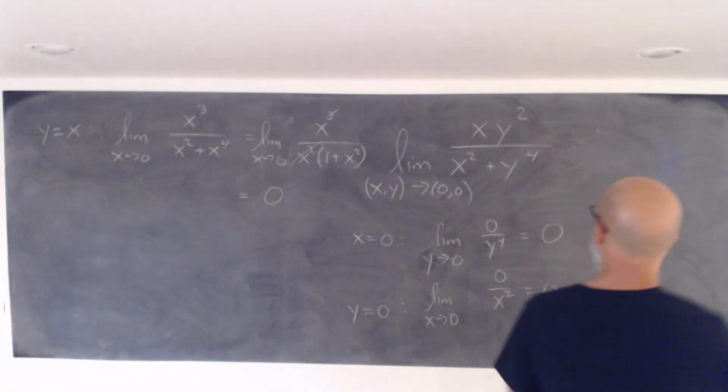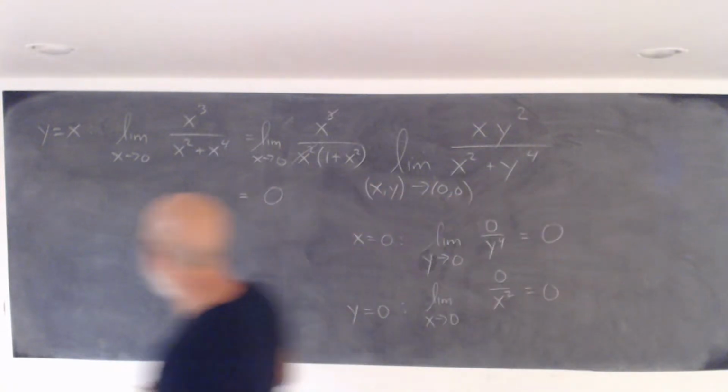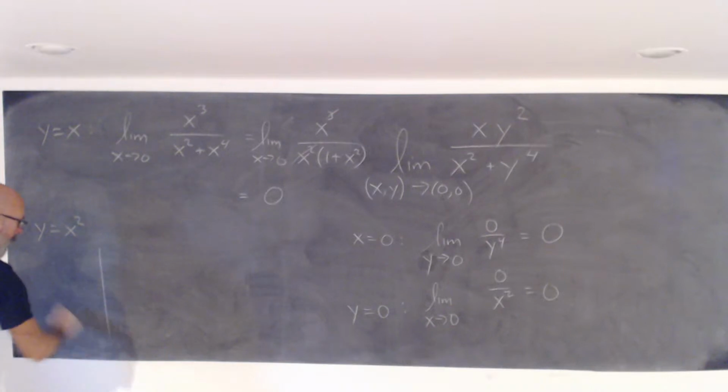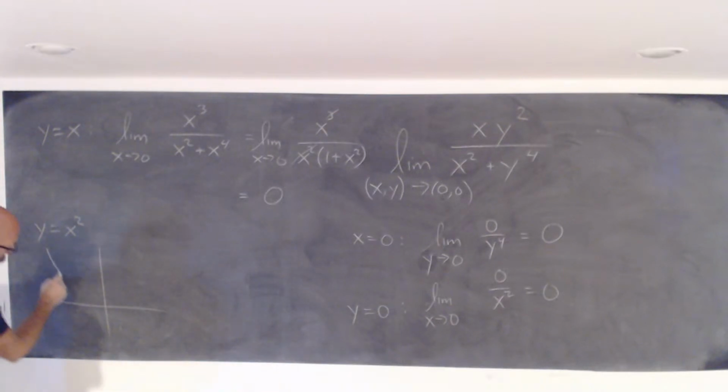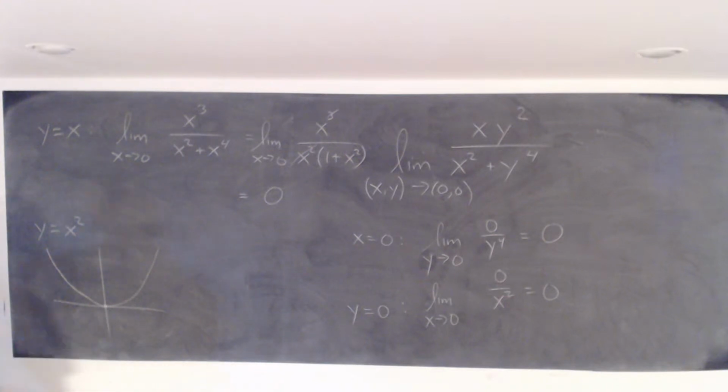Shen is suggesting, what if you took the path y equals x squared, right? Convince yourselves what that looks like. This does go through the origin.